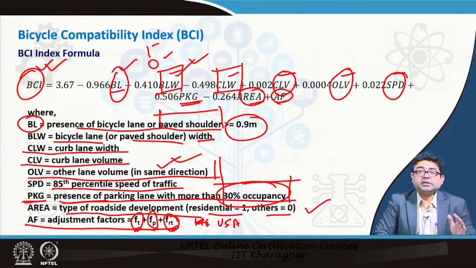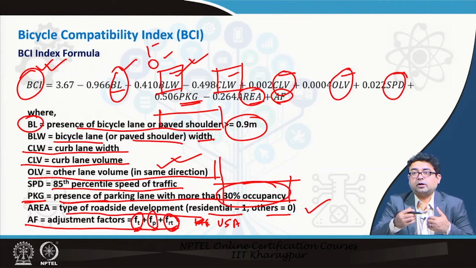So, you see when we were talking about the Highway Capacity Manual method of determining level of service of bicycles on dedicated bicycle lanes, it was dependent upon the number of events, how many passing events or opposing events a bicyclist meets.